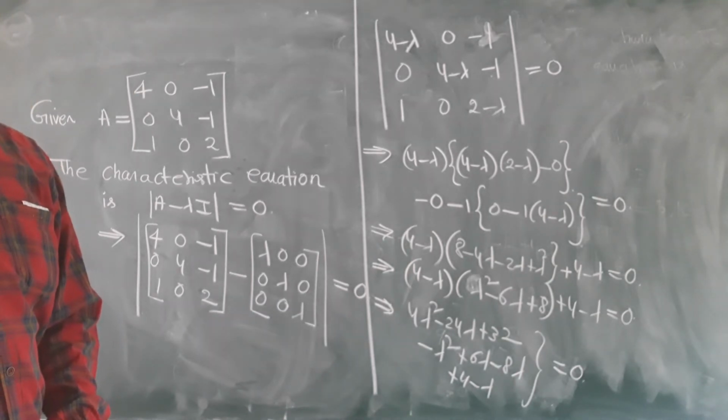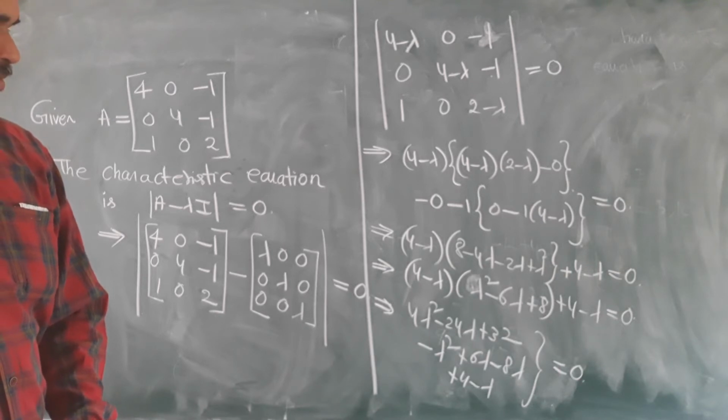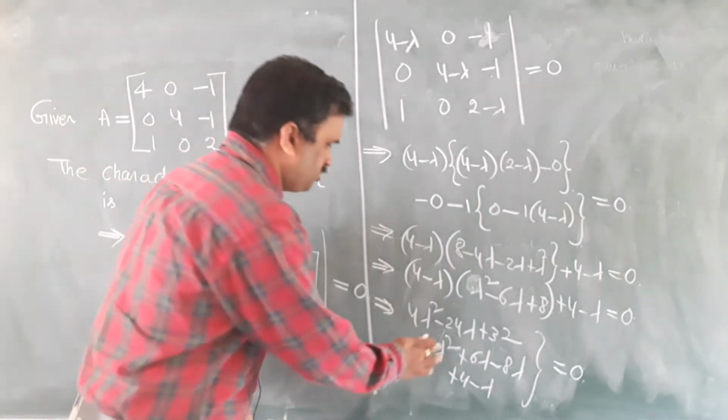Do the multiplication yourself so that you can understand. Simply we get the polynomial as lambda cube.